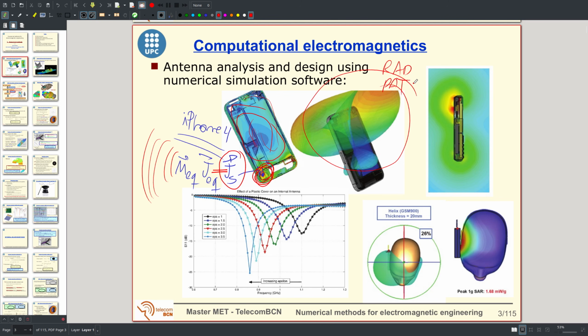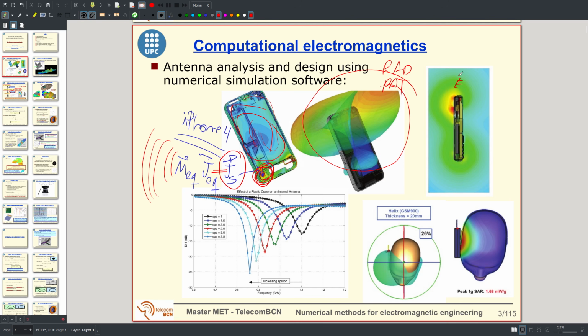And it is easily done by the usual integral that we derived at the end of chapter 1, the integral that allows us to compute the electric and magnetic field due to some electric current, and by duality also magnetic current. But we can compute not only the radiated field, but also the induced field.